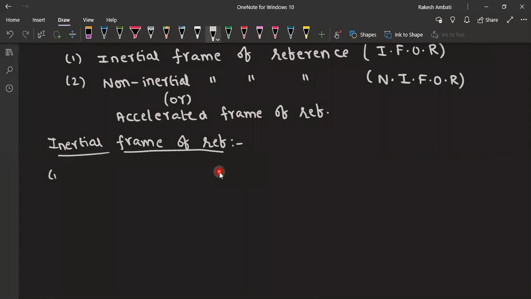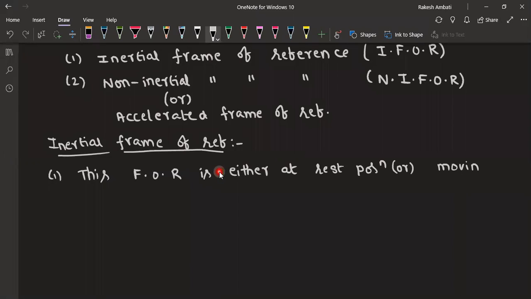First point, this frame of reference is either at a rest position or moving with uniform velocity.